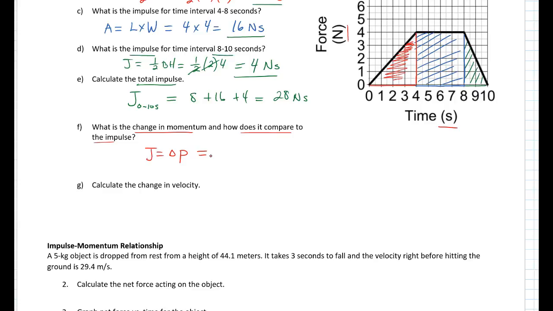If you recall the theorem, you can simply put the change in momentum is 28. The correct unit of momentum would be kilogram times meters per second, and it's equal to the impulse.